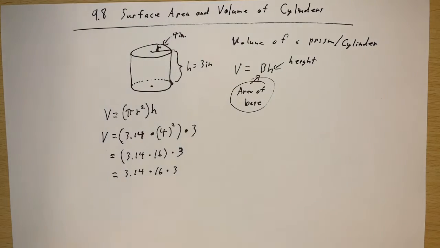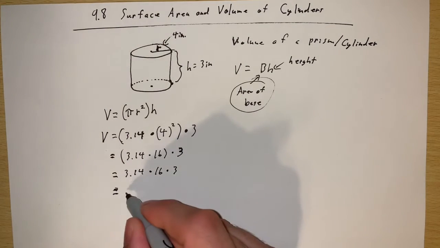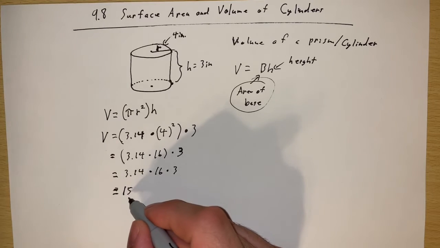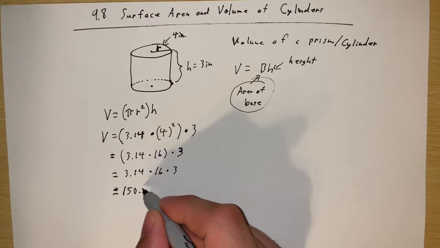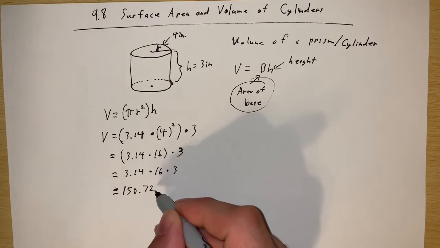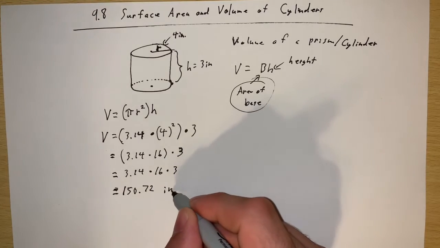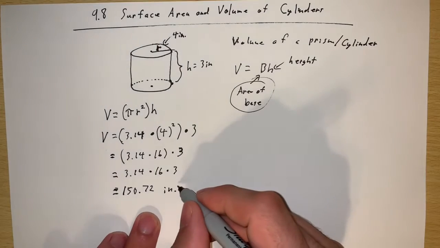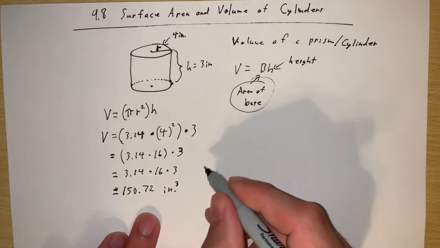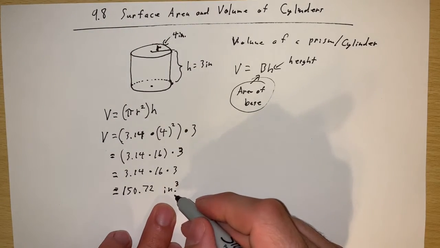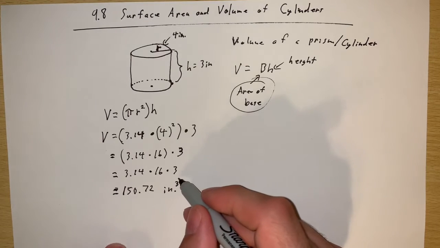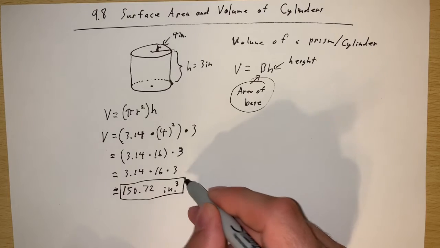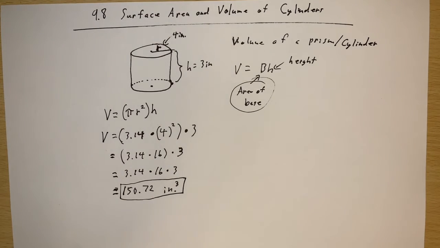If we calculate that out, we get 150.72, but remember, volume is in terms of cubic units. So this is cubic inches. We put that little 3 up there: 150.72 cubic inches.